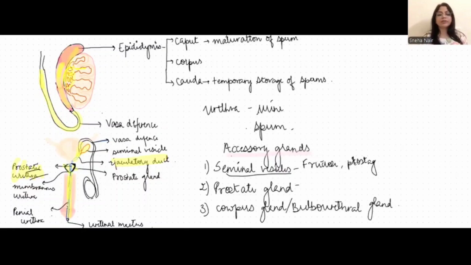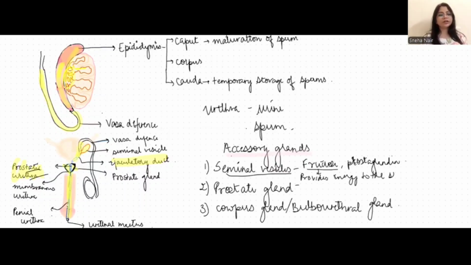What is the role of fructose over here? Fructose, as we know, is a kind of sugar. It provides energy for the sperm to move.